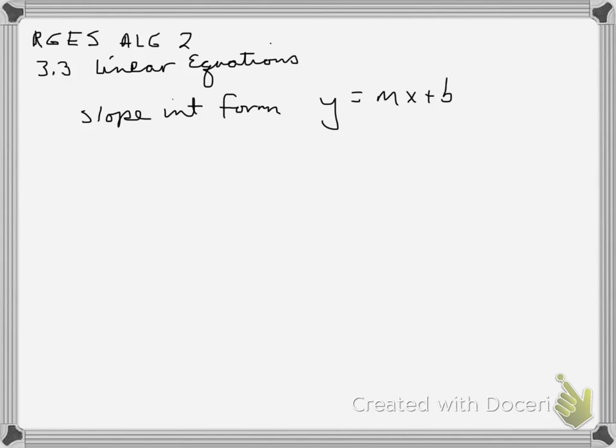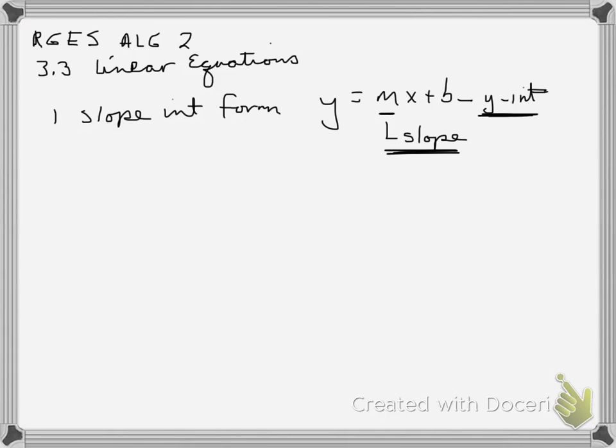We talked about that fairly extensively last time, and recall m is our slope, and b is the y-intercept, where the line crosses the y-axis. We can see why it would be called the slope-intercept form, because if we get it in this form, we can read off the slope and the y-intercept very easily.